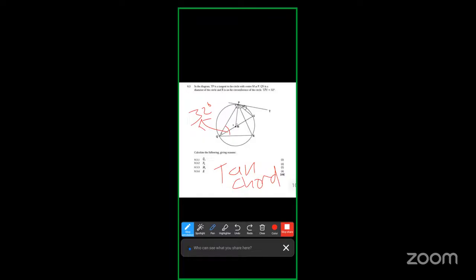That's correct. And then what's the size of angle P4, which is that angle right there? What do you think? And then we said when we were discussing that, this line is equal to that line. This line is equal to this line right here. And then we already have this angle. What does that imply?